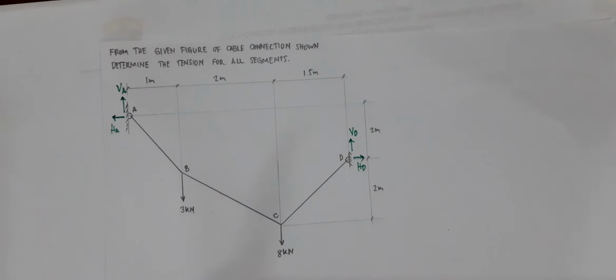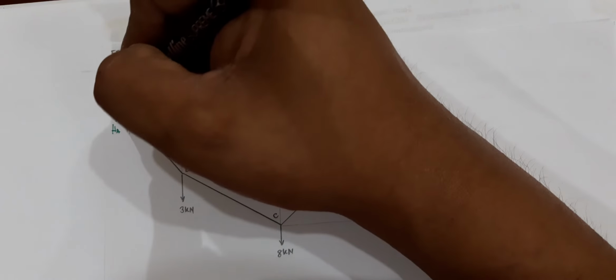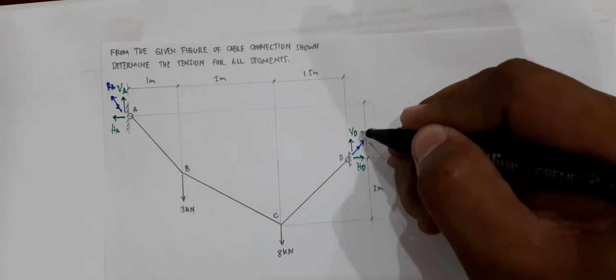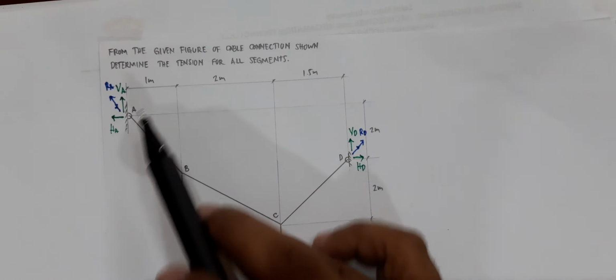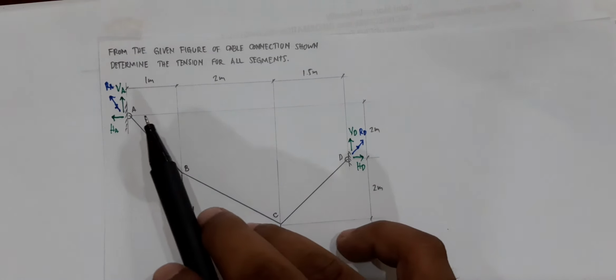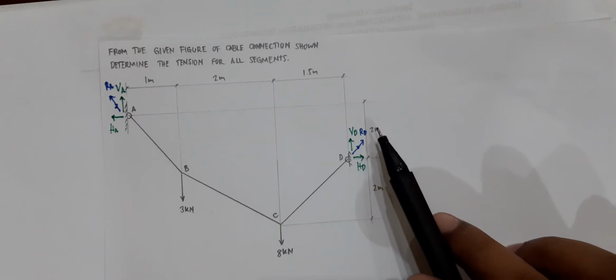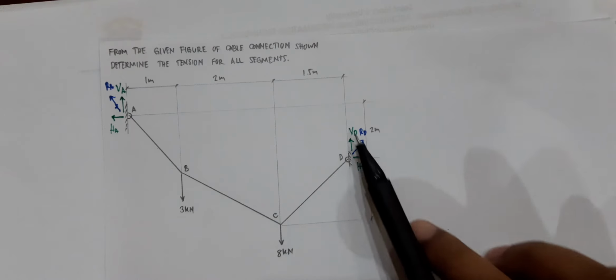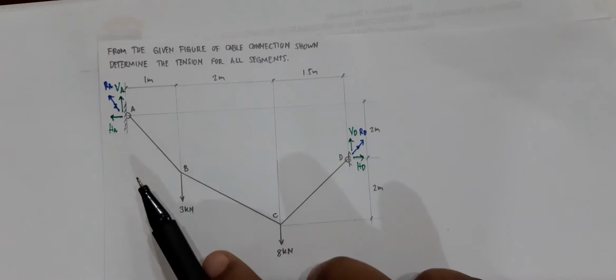Now, if we were to calculate the resultant of those two pins, you would have a resultant for A, let's denote this one as RA, and then the resultant for D, this one would be RD. Now, if you analyze these points, the only force acting on them would be the cables themselves. So you can conclude that whatever value of the reaction on this particular support would be equivalent to the force acting on the members.